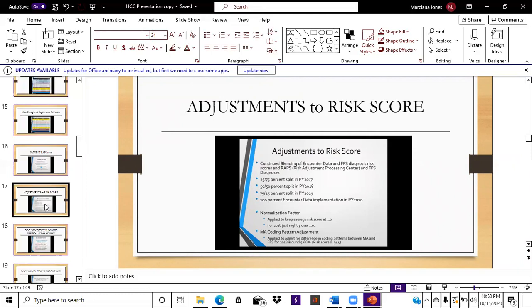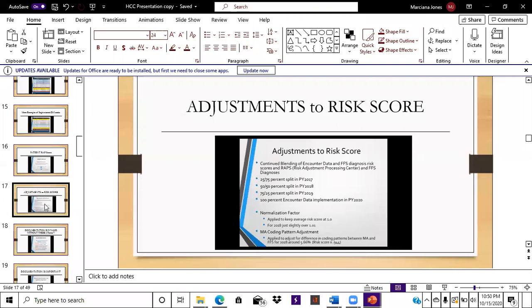Now they're moving toward taking the diagnosis straight from the fee-for-service encounter forms. In 2017, it was like 25 to 75%. 2018, it was like 50-50. 2019, 75 to 25, and 2020, 100% encounter data implementation.